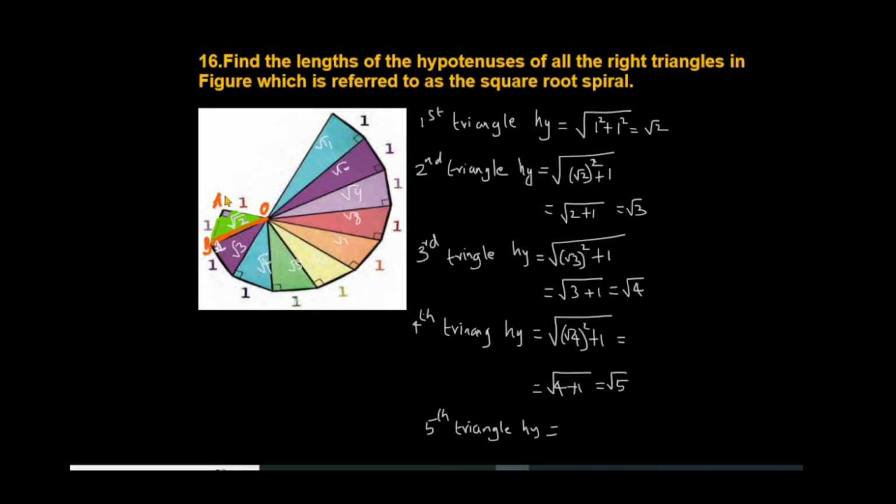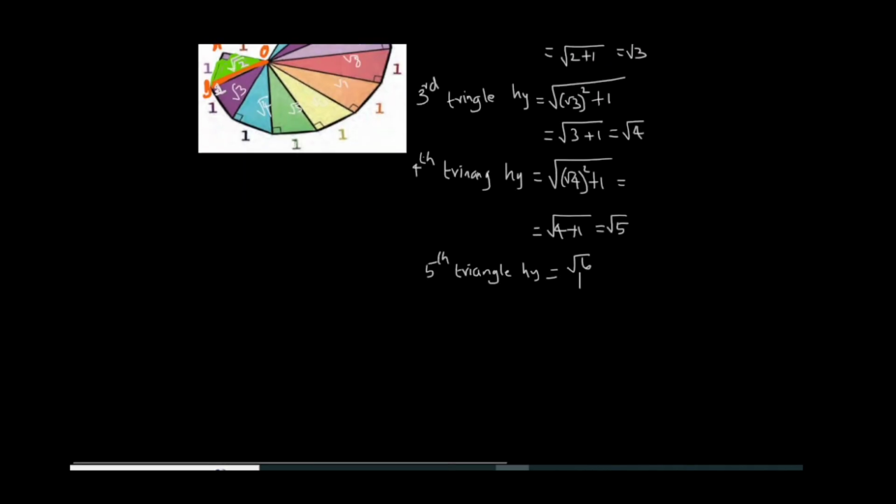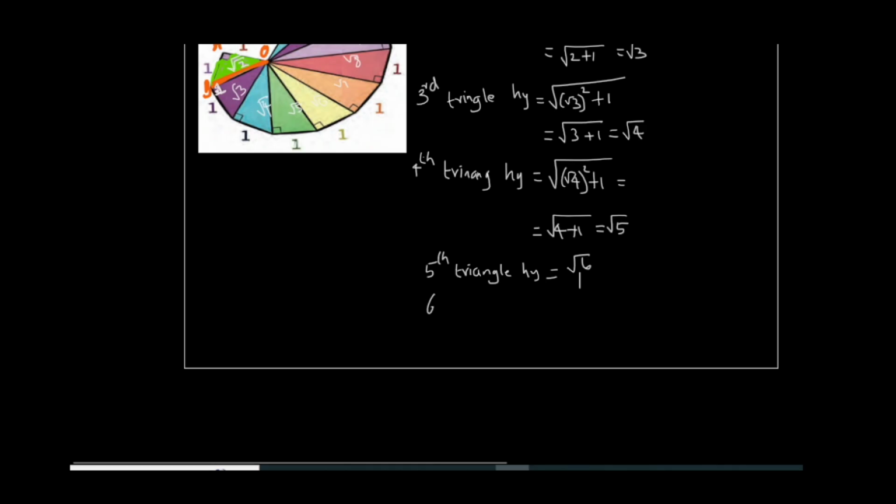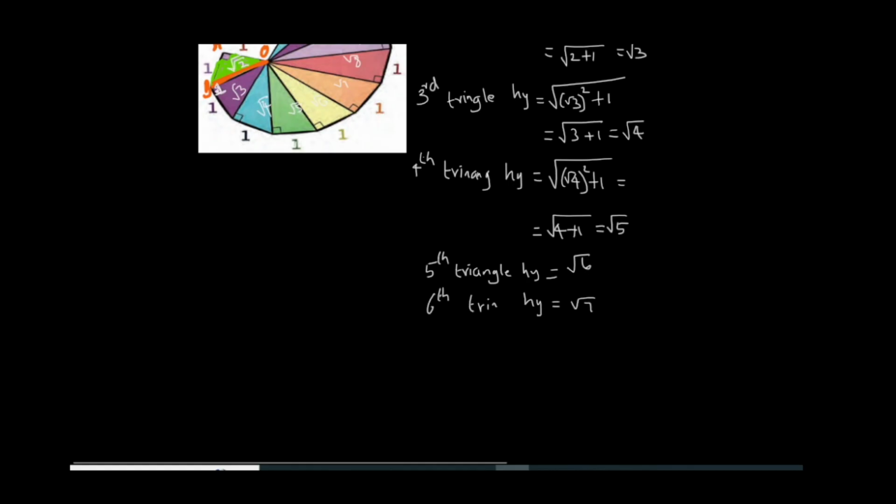Like that, the fifth triangle hypotenuse is root 6. Then the sixth triangle hypotenuse is root 7. And the seventh triangle hypotenuse is root 8. The eighth triangle hypotenuse is root 9 and the ninth triangle hypotenuse is root 10. Thank you.